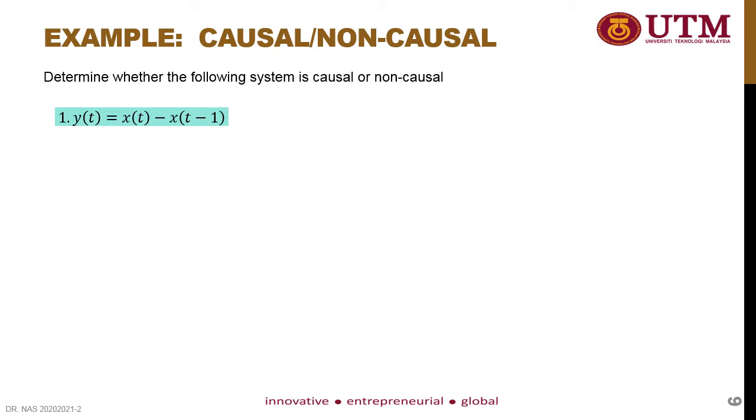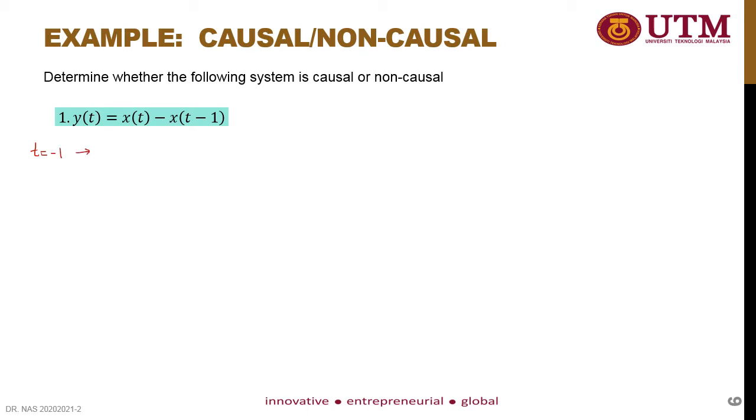So in order to determine the causality of the system, you need to consider at least three t values. The first one a negative value, then the current state 0, and then the future state, maybe any positive value. Alright, so let's try when t equals minus 1. Okay, this is in the past.